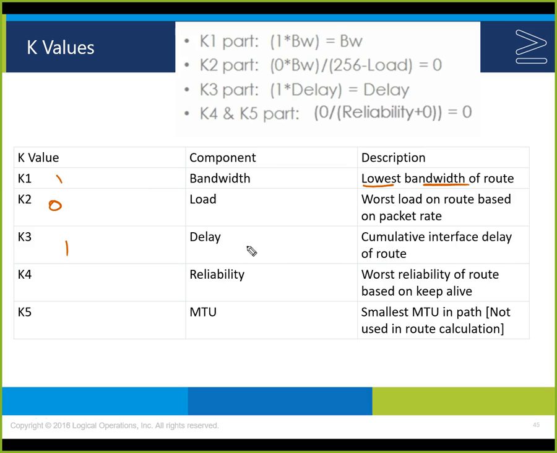So it looks at all of the interfaces in the route and adds those delays up, and that's again a factor of 1, so it is a value. Reliability is 0 and MTU is 0. MTU is really not used unless we have more than the default of 4 equal cost paths. If we had 5, then the one with the smallest MTU would not be used. So the show IP protocols command will give you the K values.